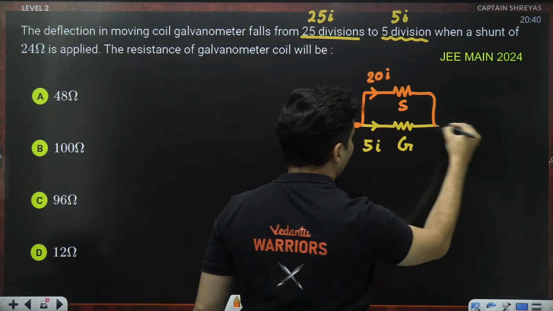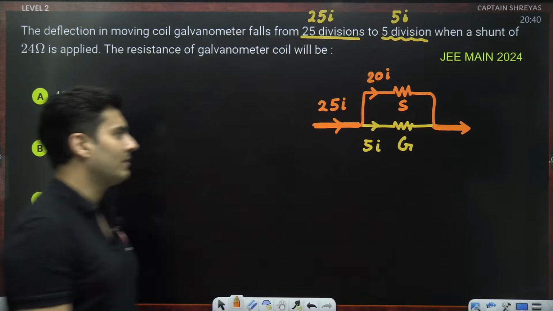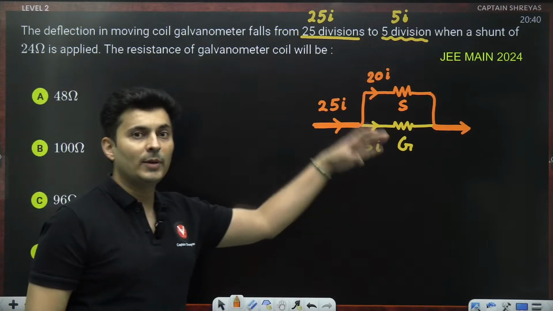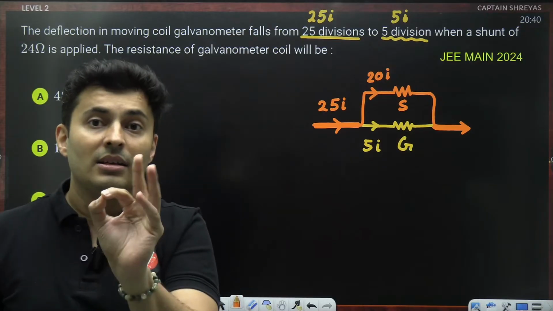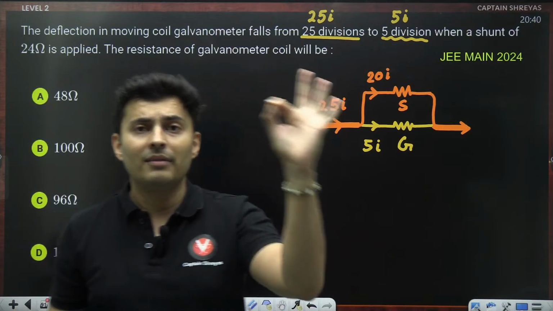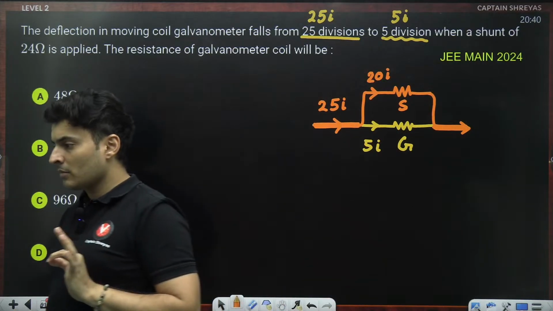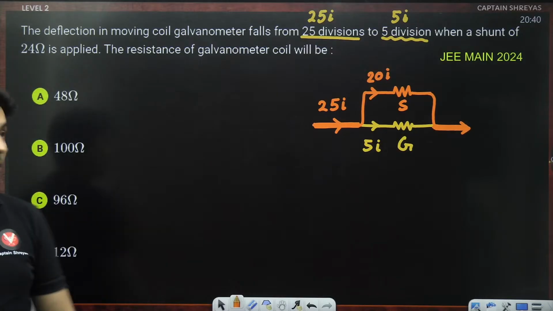It will come back and collect and come out over this side. This is the explanation of the statement. If you are able to visualize this, solving will be easy, else you will be stuck with many formulas, because there is no such formula for divisions. You have to think what is exactly happening.